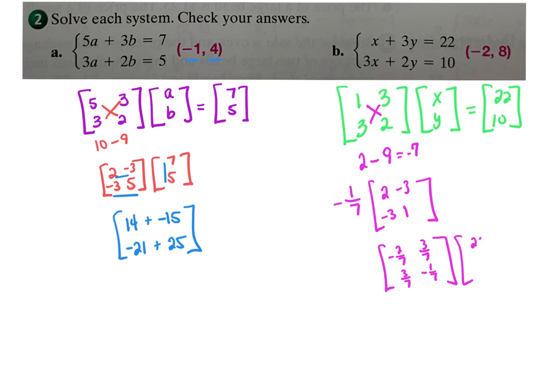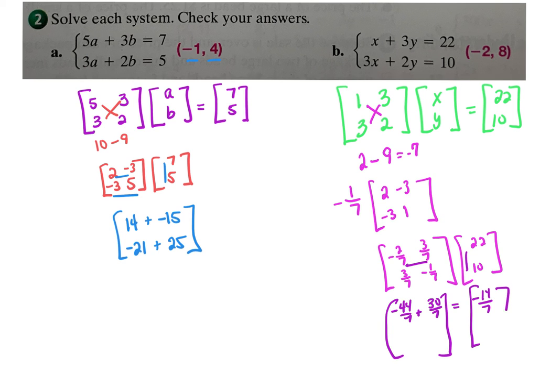Multiply by 22 over 10. All right. Then we're just going to multiply row by column. Negative 2 sevenths times 22 is negative 44 sevenths, plus 3 times 10 is 30 sevenths, which is going to give you negative 14 sevenths, which gives you your negative 2.